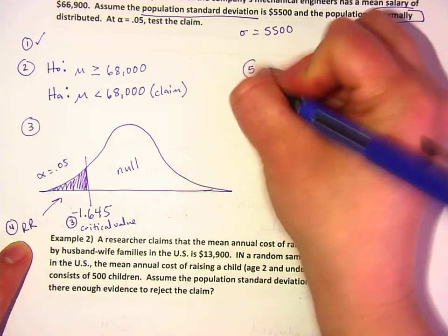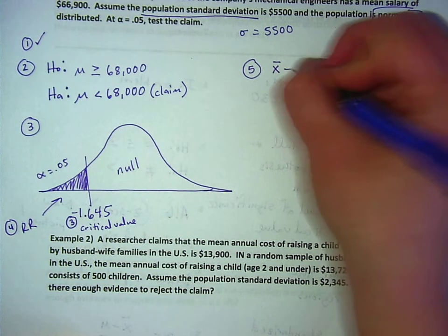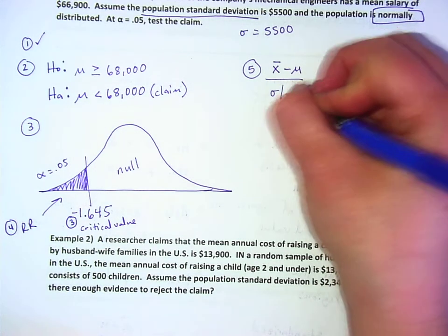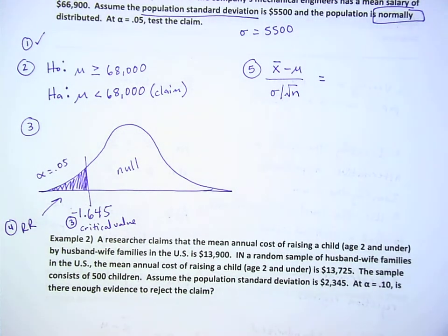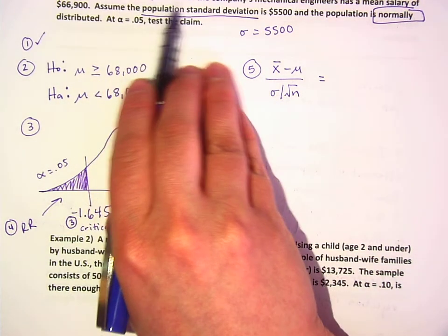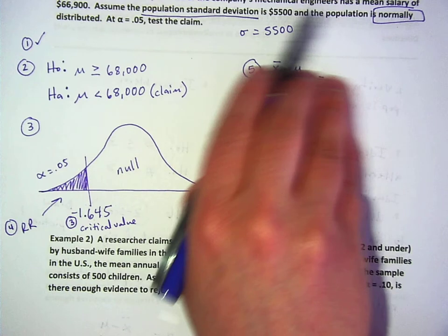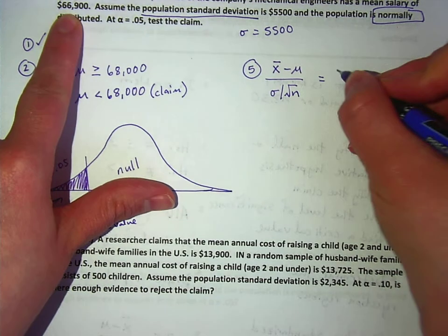All right, step 5, now we've got to do the actual formula and see where our stats lie. So x bar minus mu over sigma divided by the square root of n. Okay, so x bar, that is when they actually did a random sample. Do you see how it says a random sample of 20 of the company's mechanical engineers has a mean salary of this? So that is your x bar.